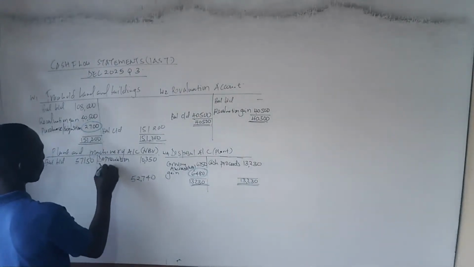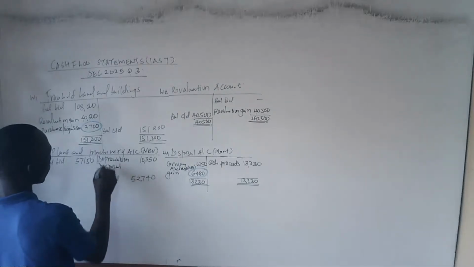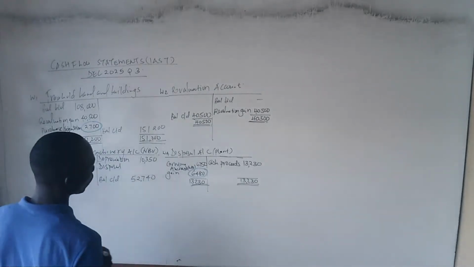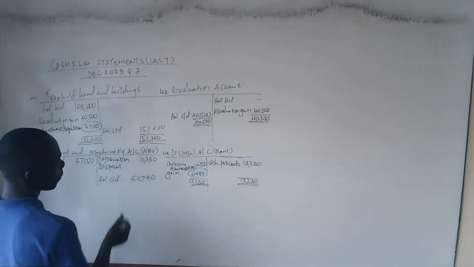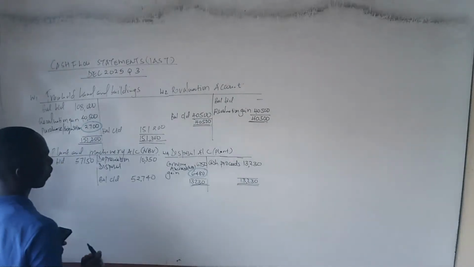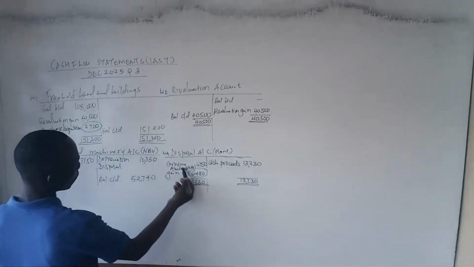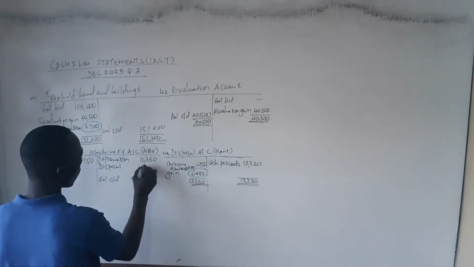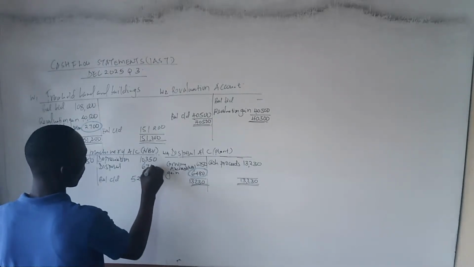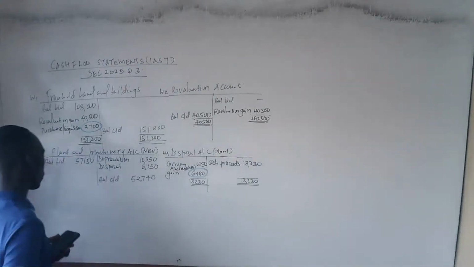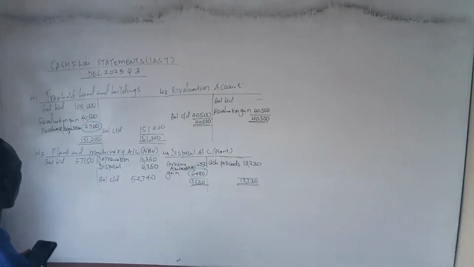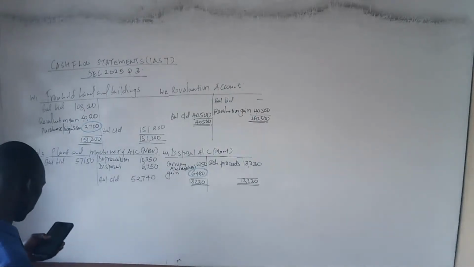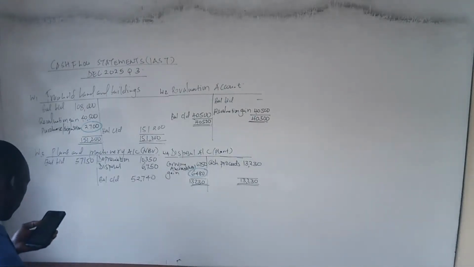Then we go back to this account. We have the disposal. And because this account is prepared at the net book value, we need the disposal account, which is the carrying amount, which we are given as 67.50. That is what you are going to bring in this case. Any other information about that? I think we are not given more information about that.